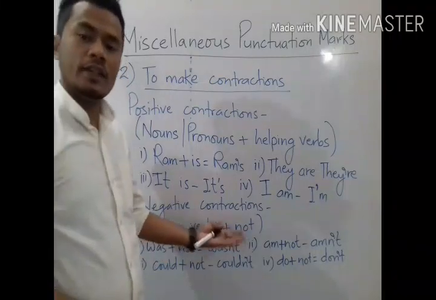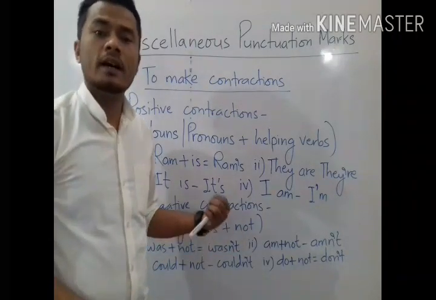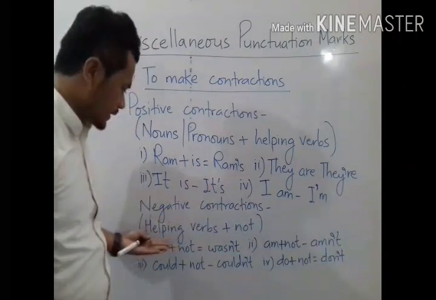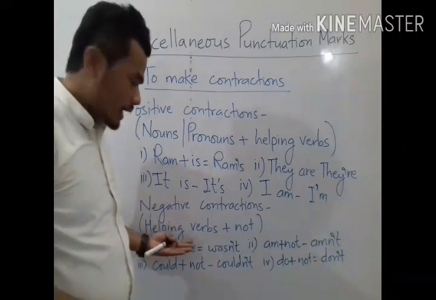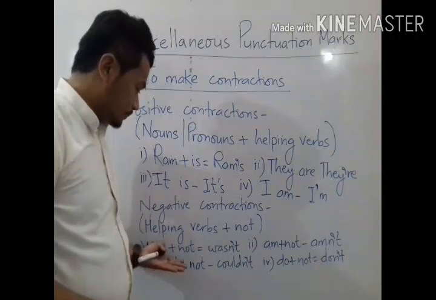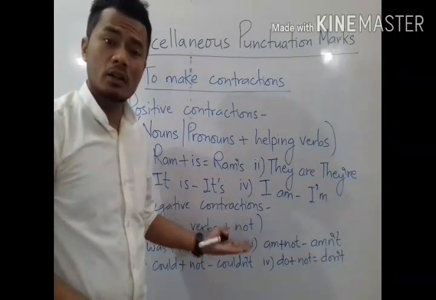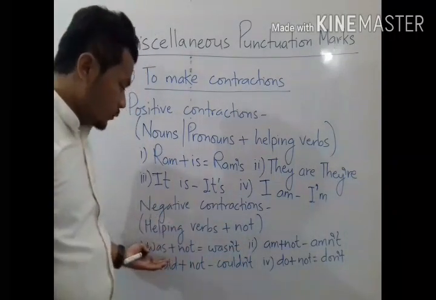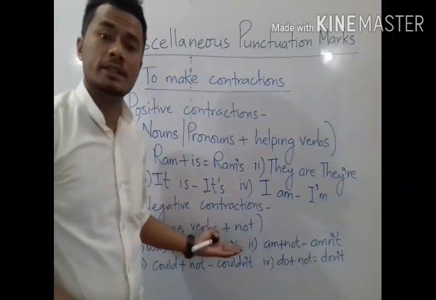Negative contraction is very much useful whenever we make tag questions. See here. Negative contractions are formed by joining helping words plus not. Like was plus not, it becomes wasn't.